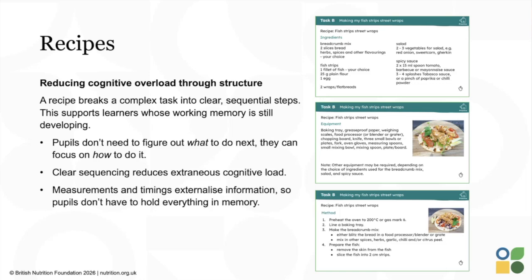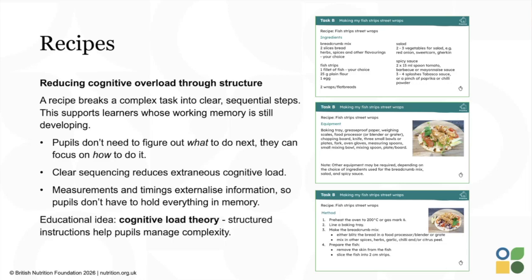And then we've got the measuring and timing as well. So this other information, just helping them, so they don't have to hold everything in their memory by having the recipe there. So really, it's about those structured instructions to help pupils manage some complexity. And sometimes recipes can be complex. So what we try to do is to break it down into bite-sized chunks to help that individual independent learner in your classroom.